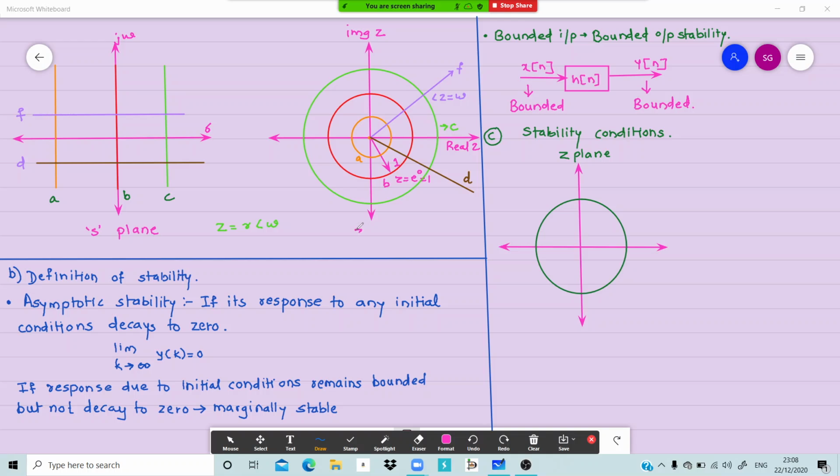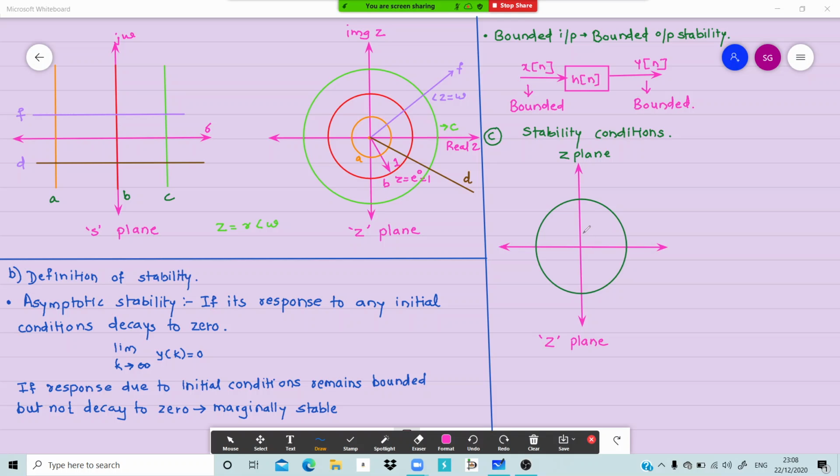So this is actually the z plane. Again the same thing, real and imaginary.